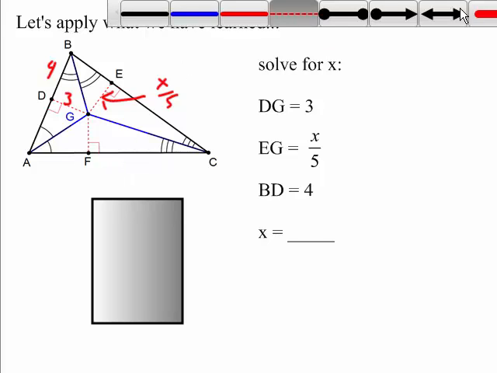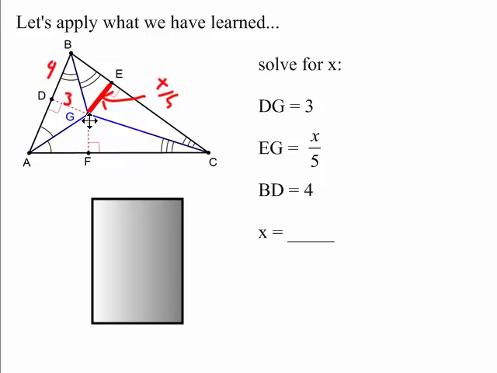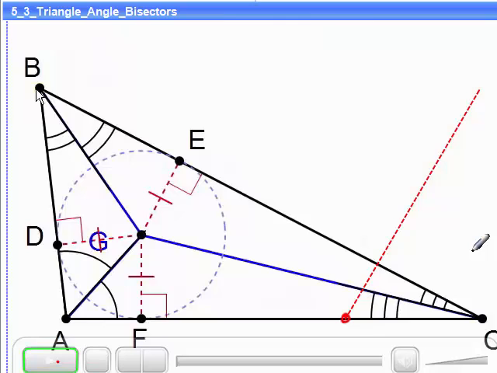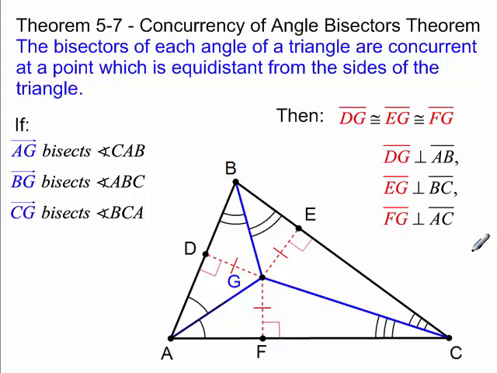Well, the ones that we can set equal to each other are that and that, because those are the radii of the circle that's inscribed in that triangle. So, going back to our concurrency of angle bisectors theorem, the point of concurrency is equidistant from the sides.